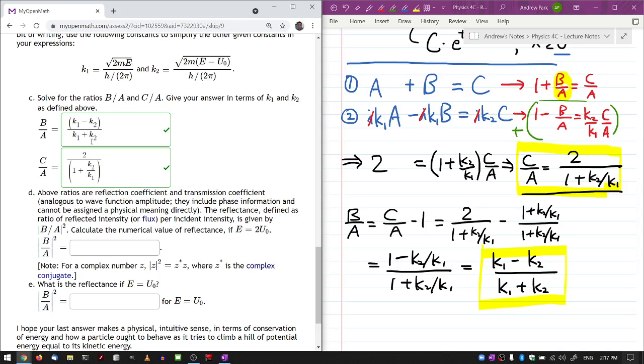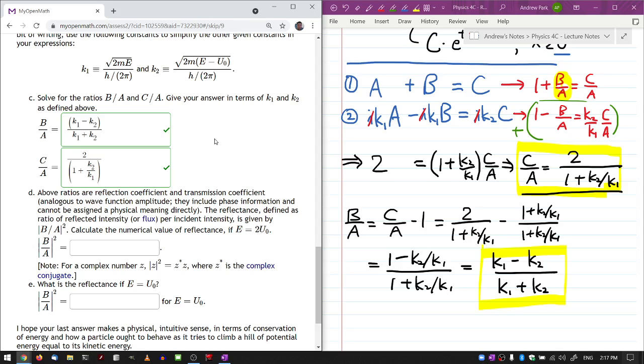It says above that the ratios are the reflection coefficient and transmission coefficient. The reflectance, defined as the ratio of reflected intensity, is given by this. Calculate the numerical value of the reflectance if E is twice U naught. I'm just staring at this and trying to compare.